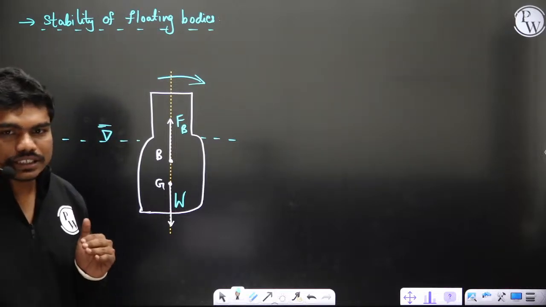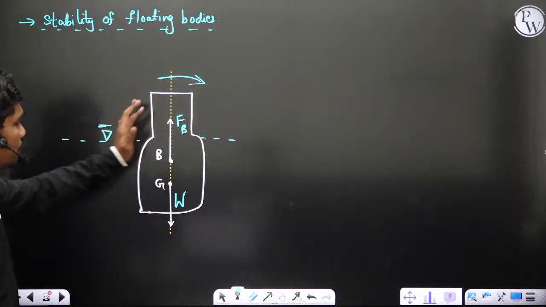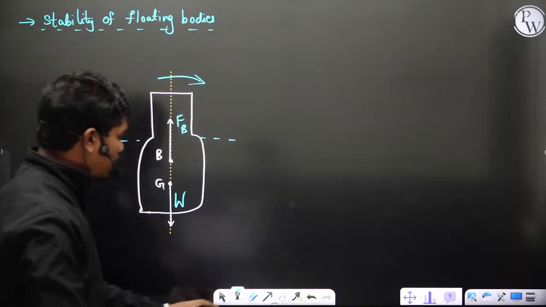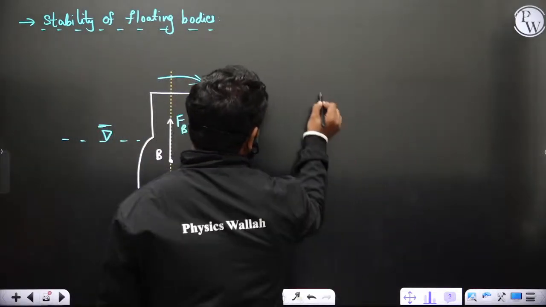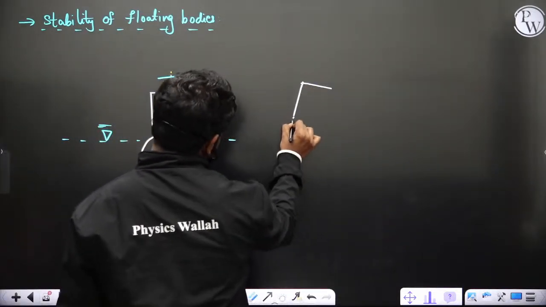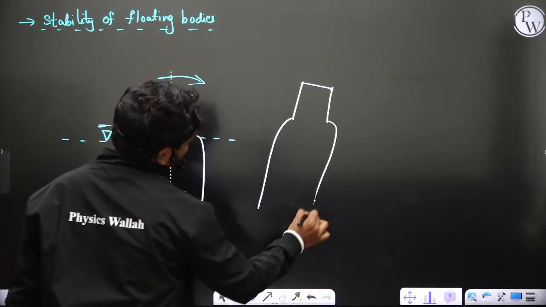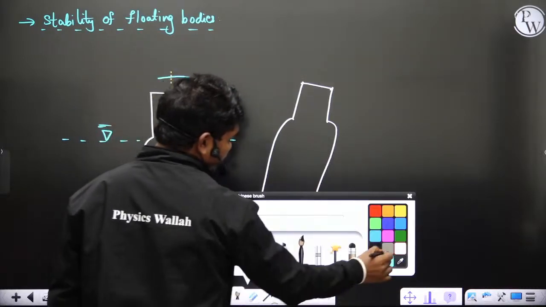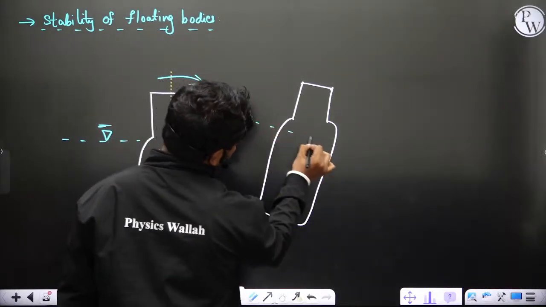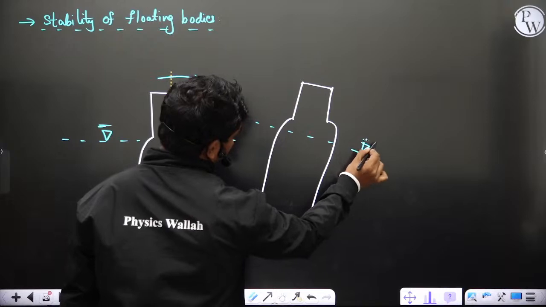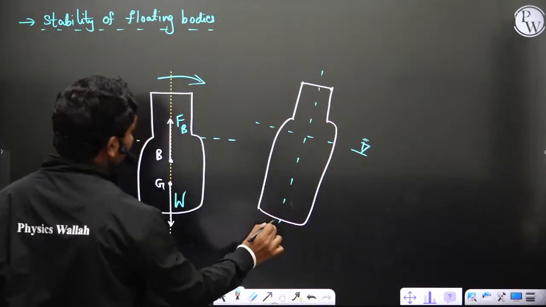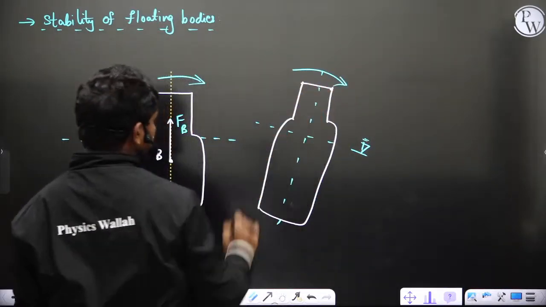Now, whenever this is floating, let us suppose some wave has come and hit the ship, then let us see what's happening here. This is the disturbance.